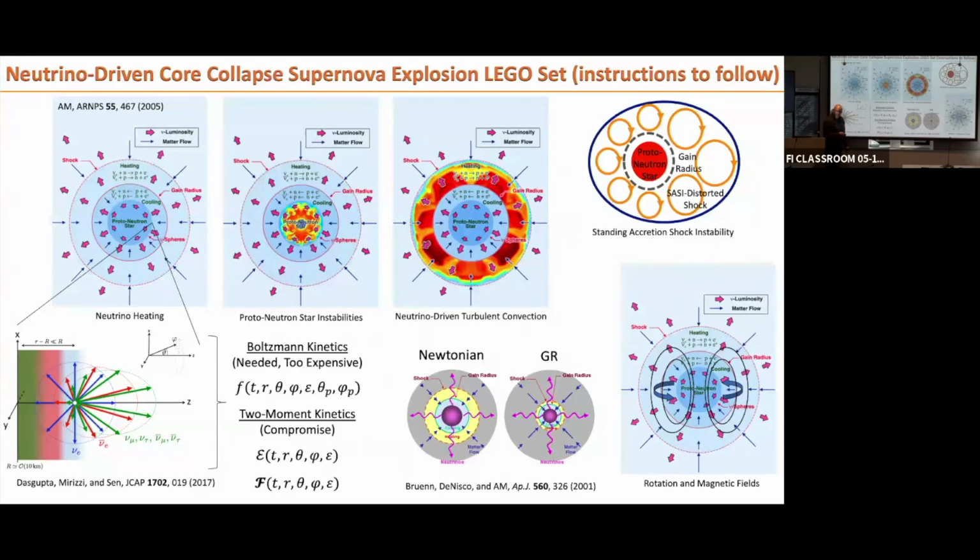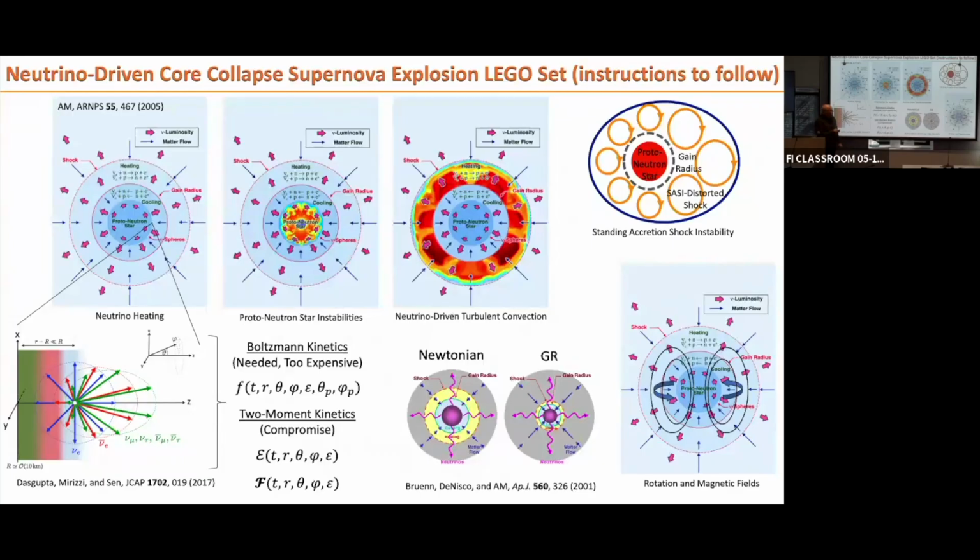Over here you have the general relativistic case, and this is for a 25 solar mass star. So here you see everything is much more compact. The protoneutron star is more compact, which benefits you. It's hotter. The neutrino luminosities are larger. The RMS energies, the spectra of the neutrinos, are harder. So that's 2 checks in the plus column. On the other hand, the heating region is much reduced. The infall velocities are much larger.